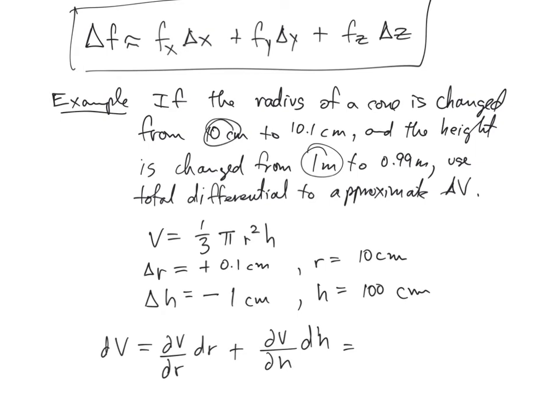If I take the partial derivative of V with respect to r, that's going to be 2/3 pi r h, multiplied by dr, plus the partial derivative of V with respect to h, which is 1/3 pi r squared, times dh.